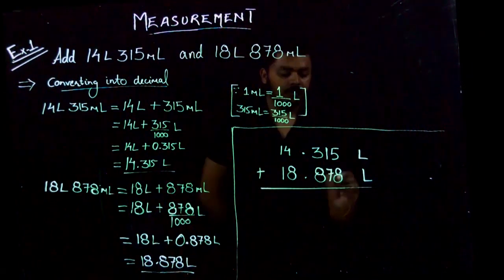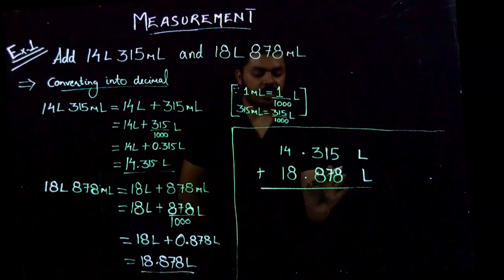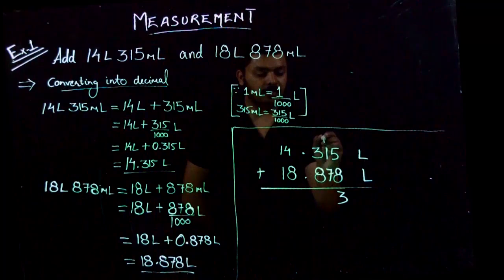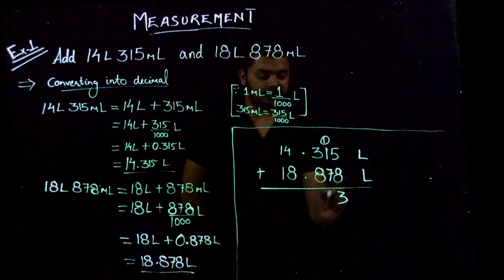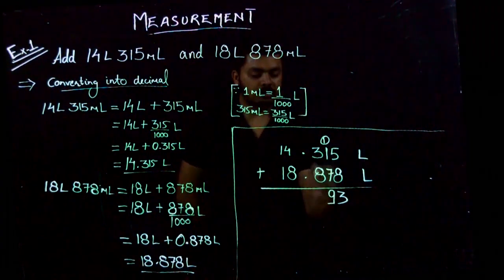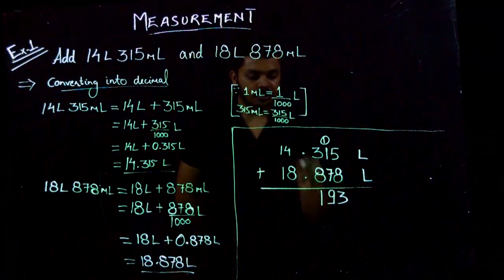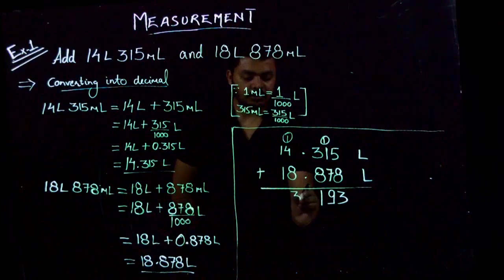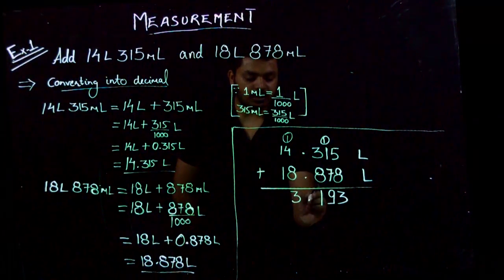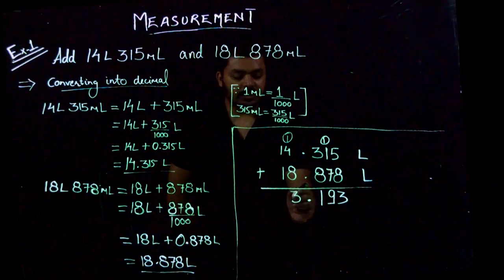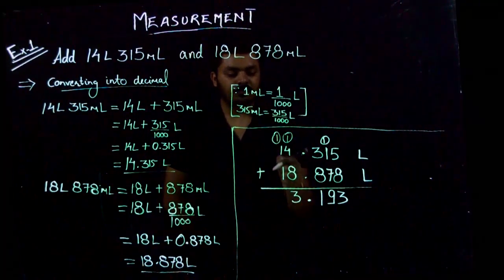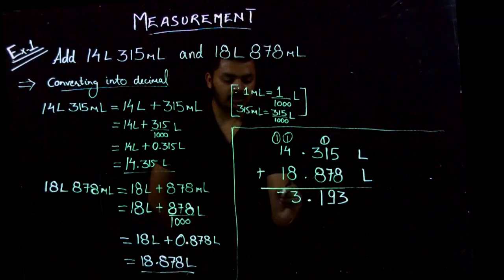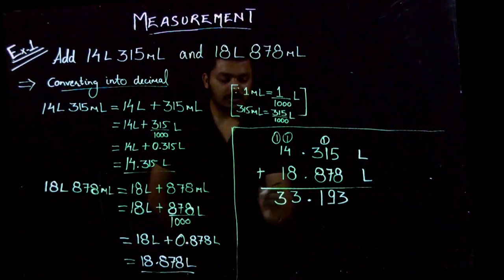Now adding, first add the decimal part. 5 plus 8 is 13, 3 and 1 carry over. 1 plus 1 plus 7 is 9. 3 plus 8 is 11, 1 and 1 carry over. 1 plus 4 plus 8 is 13, so 3 and 1 carry over, so it becomes 1 plus 1 plus 1, 3. Now place the decimal before the decimal column.